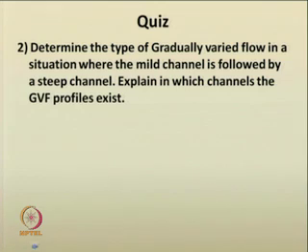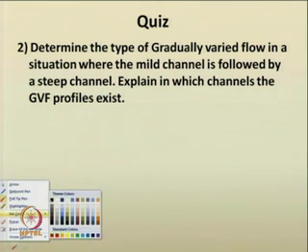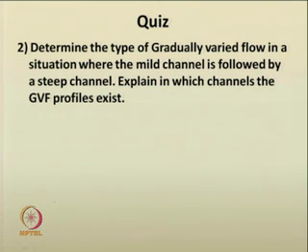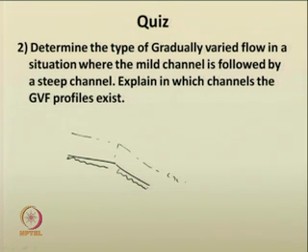Your next question, you are asked about gradually varied flow in a mild channel followed by a steep channel. Your critical depth lines are the same. Here the mild channel will have normal depth y n 1. Here the normal depth will be y n 2.